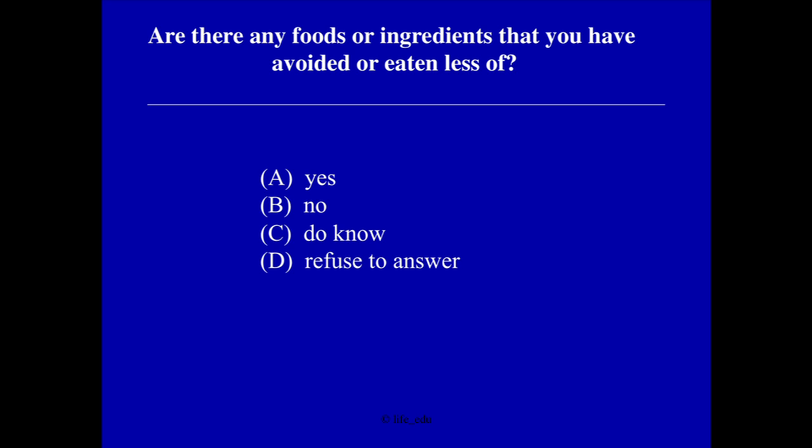So, agricultural biotechnology is the topic right now. Where does our food come from? Are there any foods or ingredients that you have avoided or eaten less of lately? When you ask this question to the public now, about half of people in our population will say yes.